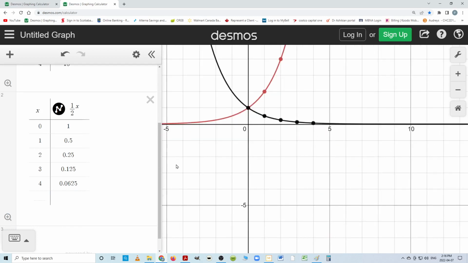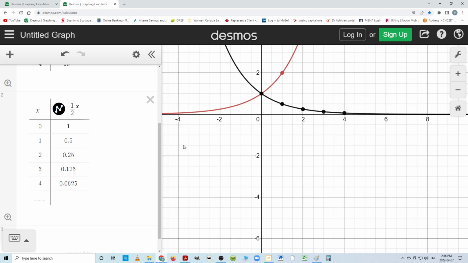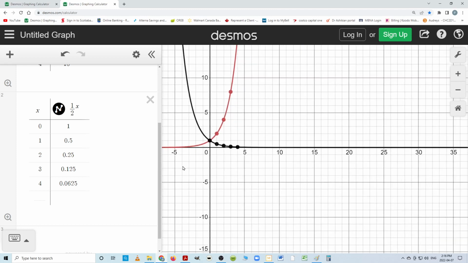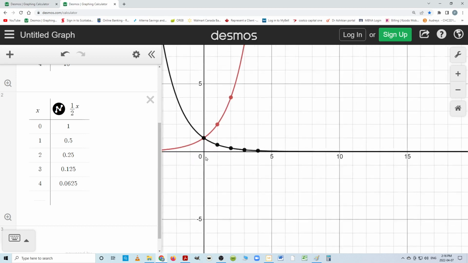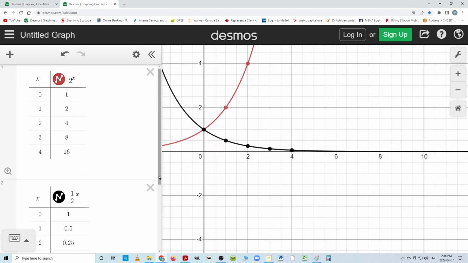Now that's another point. The domain and the range of growth and decay curves: the domain is always all real numbers. But the range is y is bigger than 0. And that's because there's no value I can put for x in here or in here that could possibly result in a 0. There's no value of x I can put up here where the result will be 0 or negative.